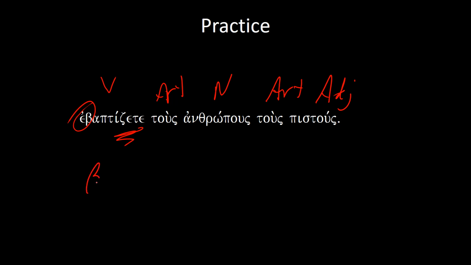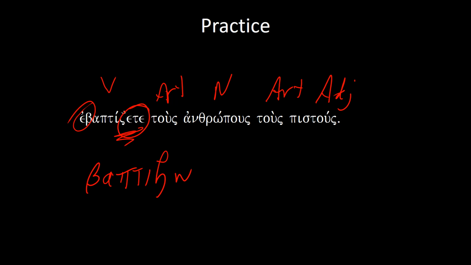This is from baptizo. So when I have augment, I have no sigma alpha, I have no stem change. This is going to be imperfect. Augment, and I've got my number 2 endings. This is second plural. You, plural, were baptizing.